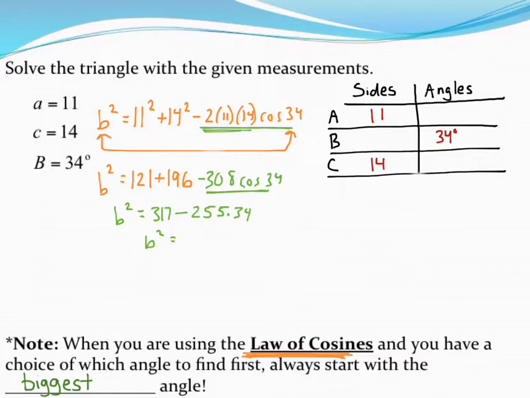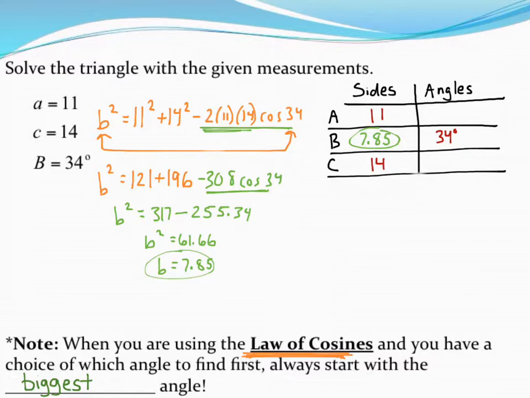Subtracting those gets me 61.66, and then taking a square root, I find side B comes out to be about 7.85 after all that work. Okay, so let me go ahead and add that to my chart just to keep my information all in one place. So 7.85. And now what I need to do, well, I still have two missing angles to find, but take a look at what I have now.